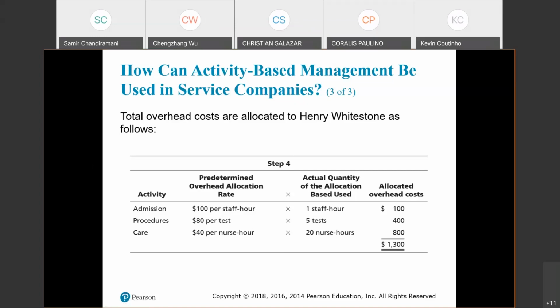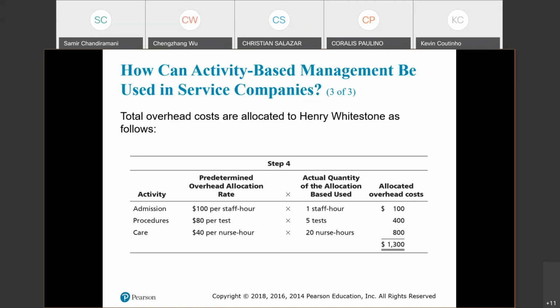So we use the predetermined overhead allocation rate for each activity times the actual quantity of the allocation base used. We get $100 for admission, $400 for procedures, and $800 for care.